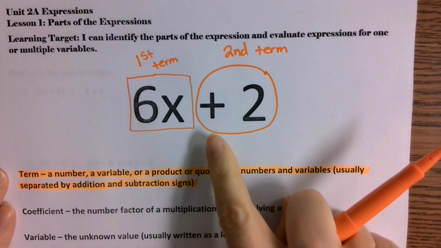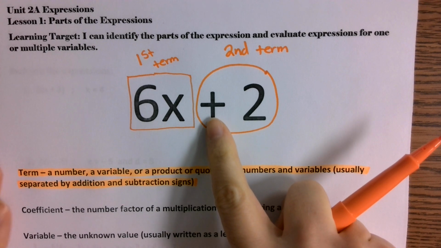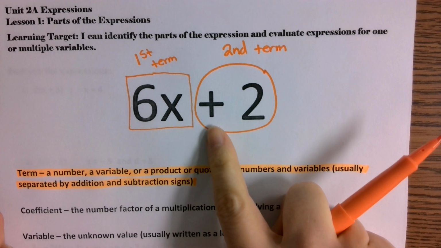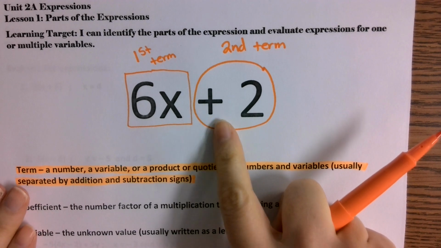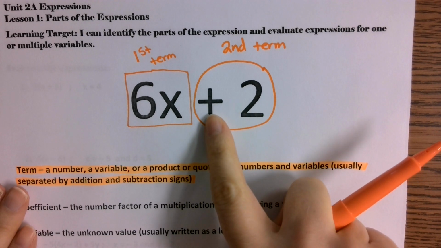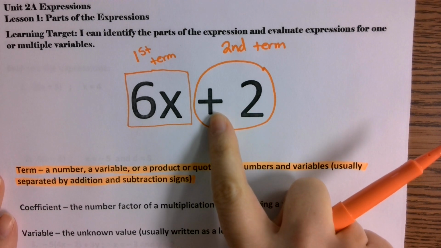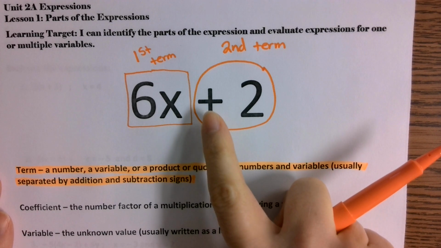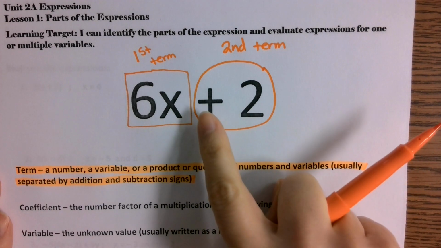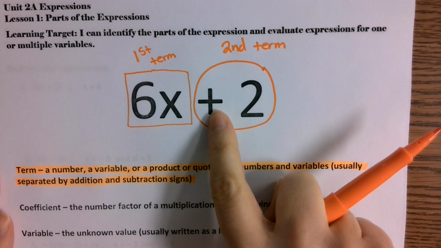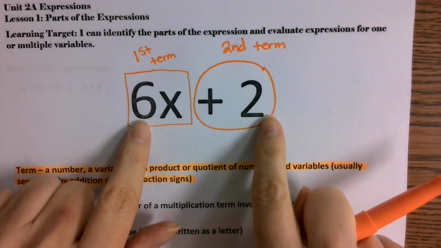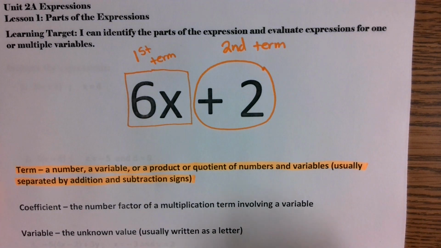Notice that I identified the second term with the plus sign. The reason I do that is because if I'm looking at it separately, I need to know that it was a positive 2. If it said minus, I would then say, hey, it's a negative 2. The plus or minus signs act like positive and negative values when you're looking at them as separate terms.